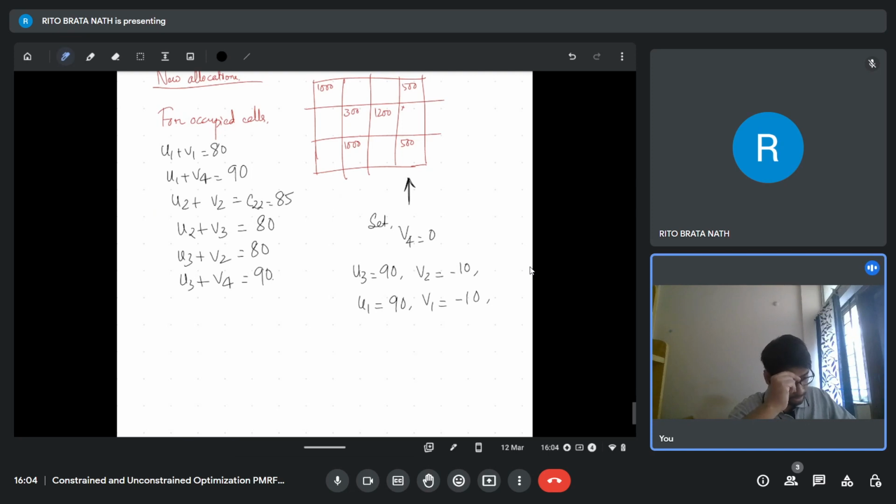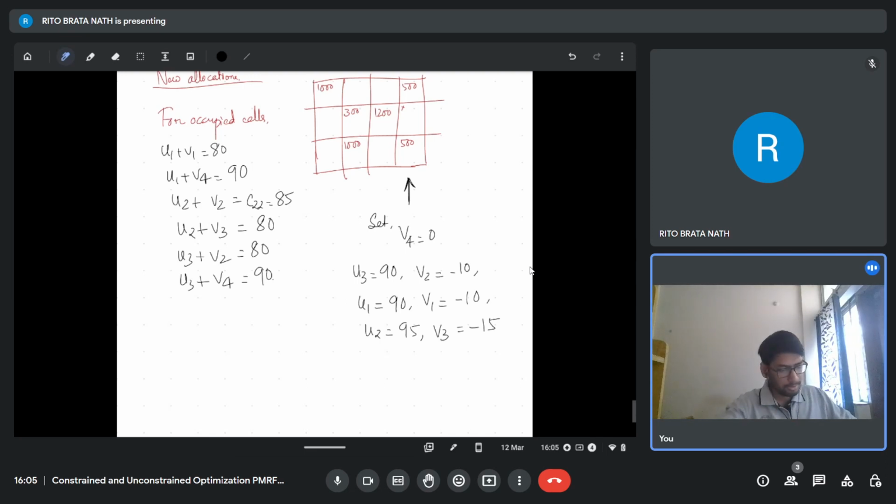Next, V2 is minus 10. Yeah, U2 is 95. V3 is minus 15. So it's 90, 90, 95. And this one is minus 10, minus 10, minus 15, 0. Okay, so this is fine.